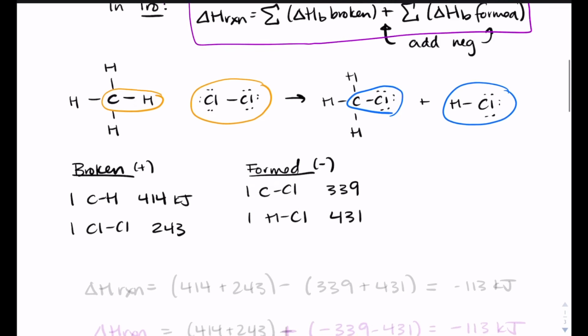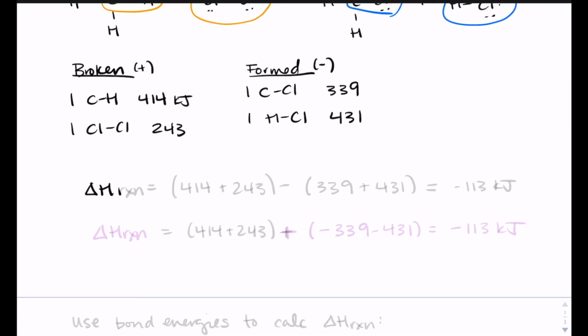I formed a carbon chlorine bond at 339 kilojoules and a hydrogen chlorine bond at 431. One of each. This needs to be negative, so I can use the form of the equation that has a negative sign and dump everything in. I only have 1 mole of each, so I don't have to do any multiplication. But right, this is the delta H of the bonds broken.